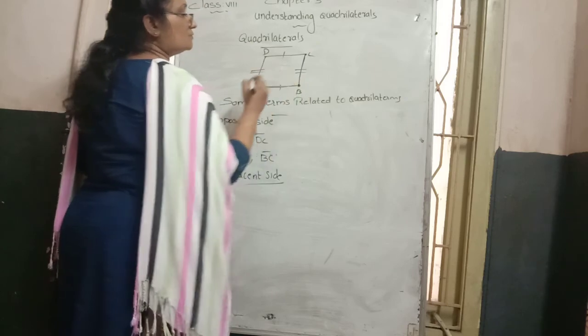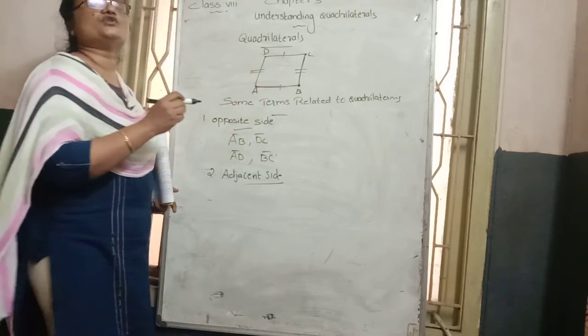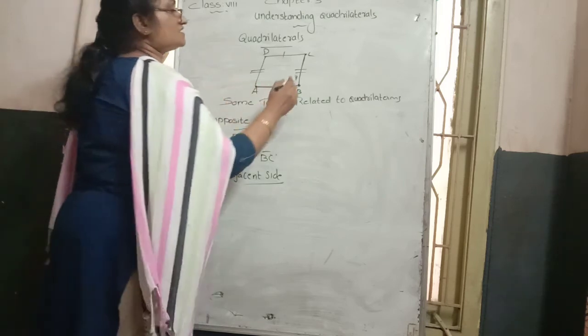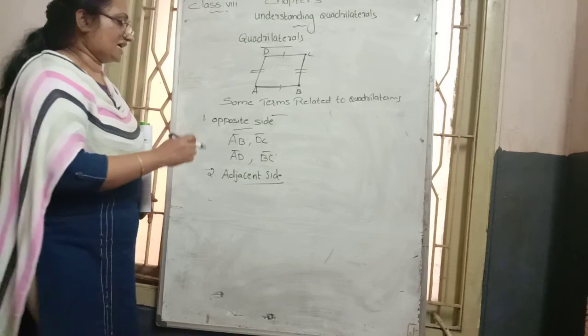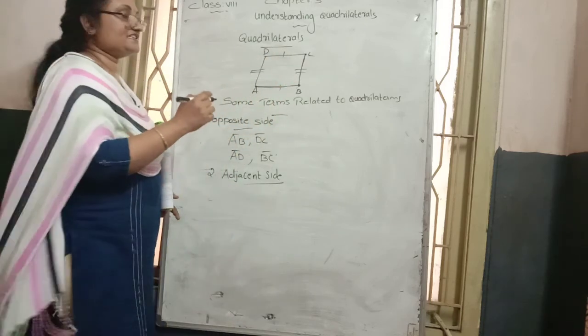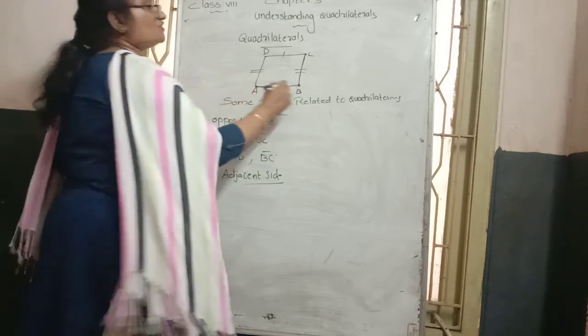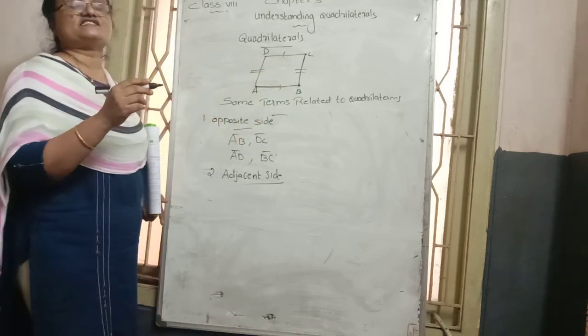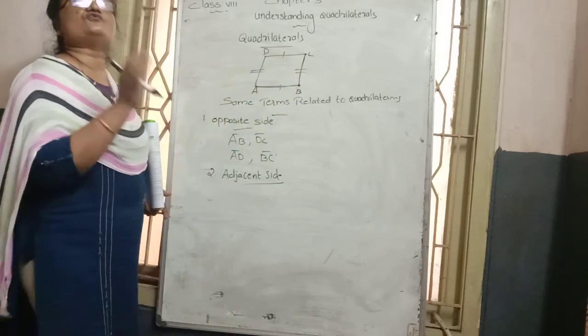They intersect at one common point, point B. So they are adjacent sides. How many pairs can we write? 4 pairs.